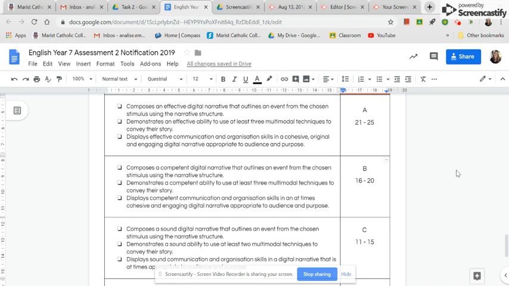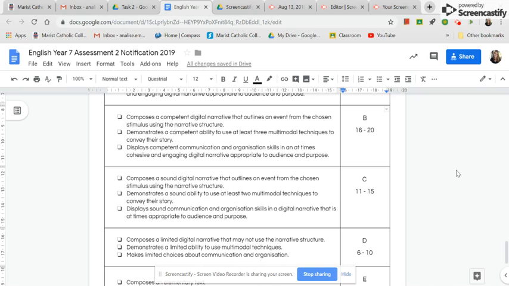In the A range, it says demonstrates an effective ability to use at least 3 multimodal techniques to convey their story. In the B range, it says demonstrates a competent ability to use at least 3 multimodal techniques to convey their story. In the C, a sound ability to use at least 2 multimodal techniques. And in the D range, it would be a limited ability.